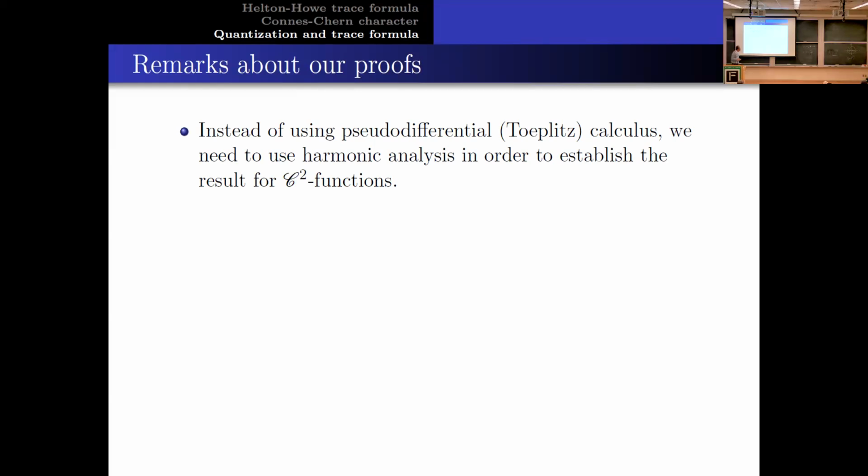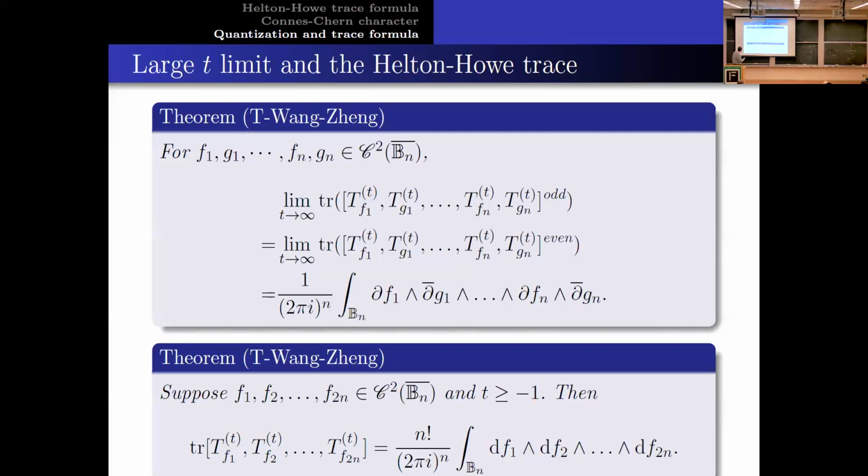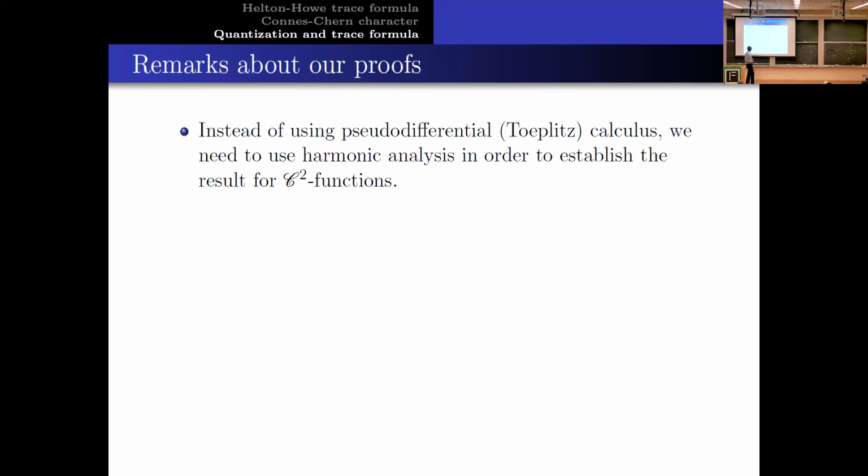So basically, let me go back. We need to look at the semi-commutator expansions. But now you can see to get to this term, we only need the first order expansion. For that, we need the regularity to be twice differentiable. So that's why our formula works for C2 functions.